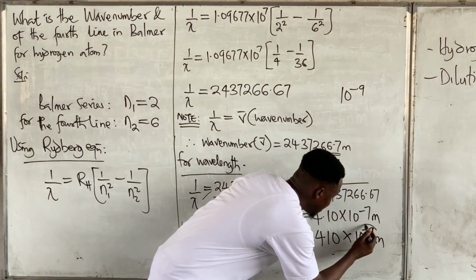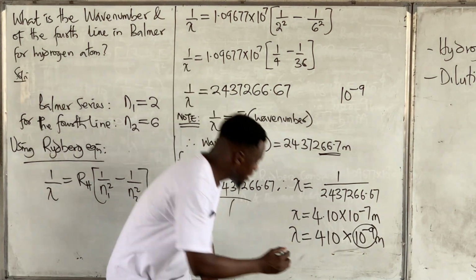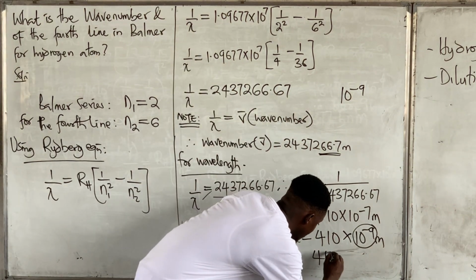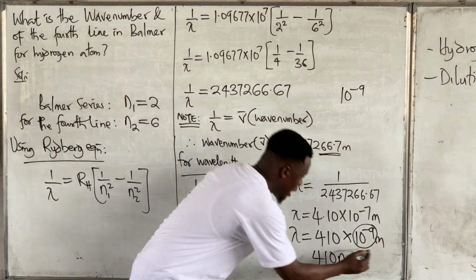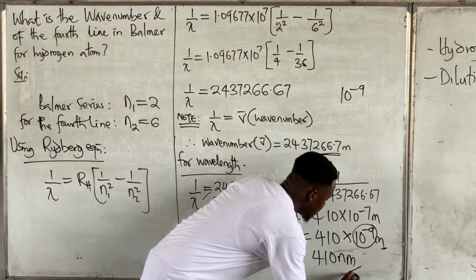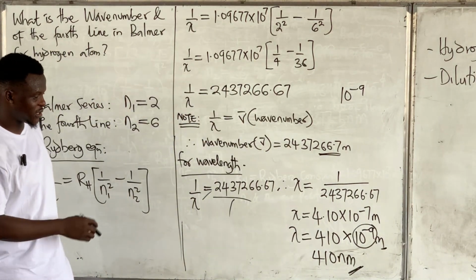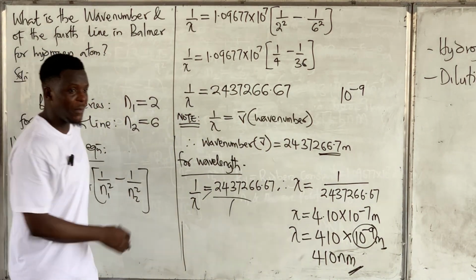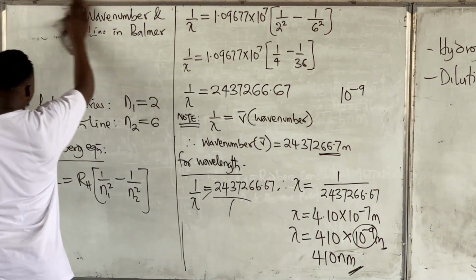And 10 raised to the power of -9 is nano. So this now becomes 410. In place of times 10 raised to the power of -9, you now put nano. And then you add the meters. So that becomes the answer. Sorry, I'm writing it down. Just let me write it for those persons at the back. At least I've captured that part.